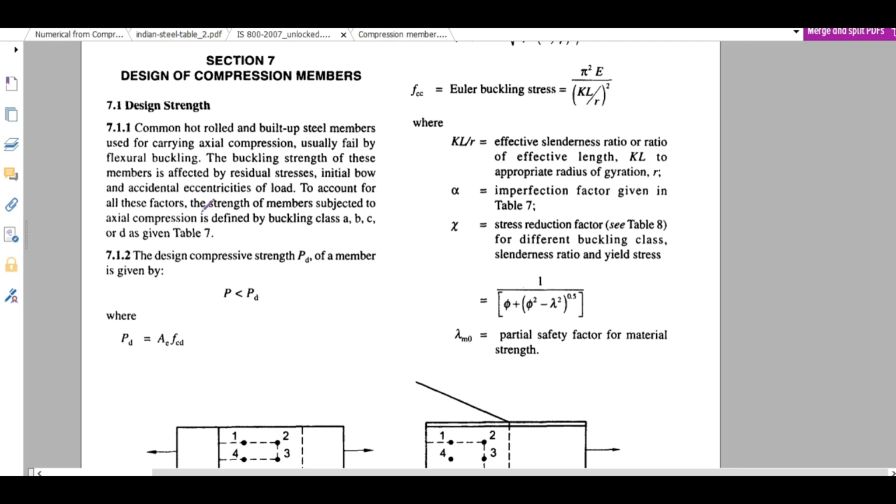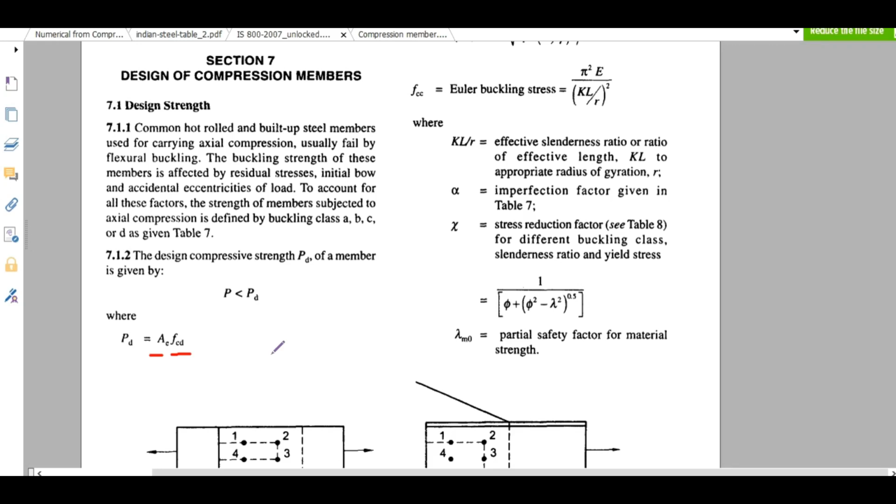For a compression member, the design load carrying capacity is equal to PD. PD is equal to area into stress, area of cross section and stress carrying capacity. Suppose you are using an I section as a compression member, then you can find the area of the cross section.